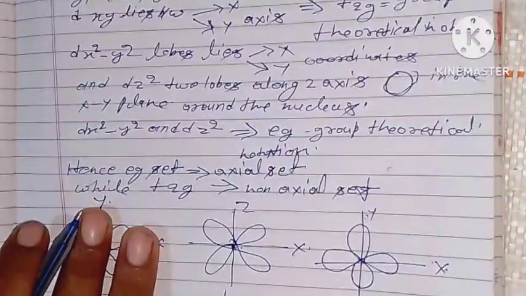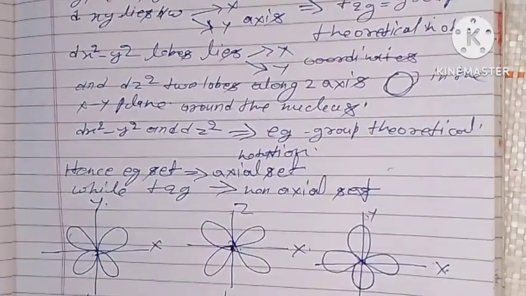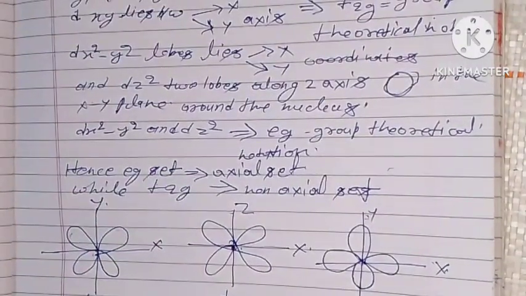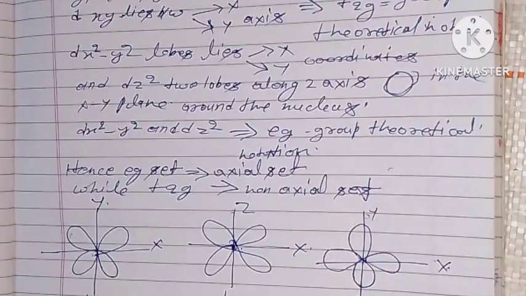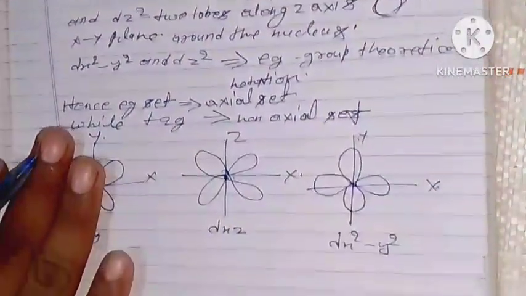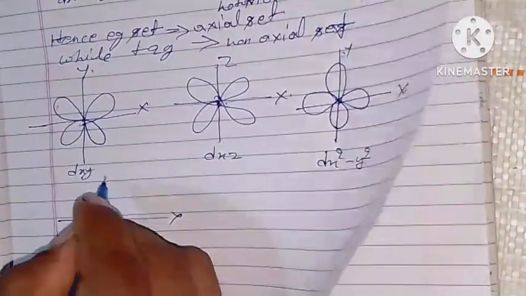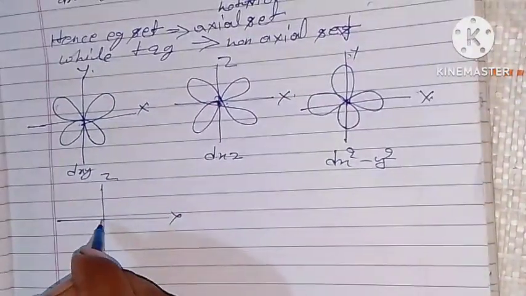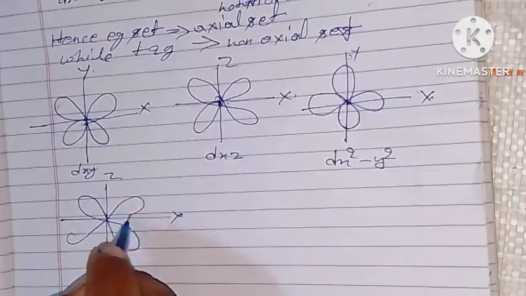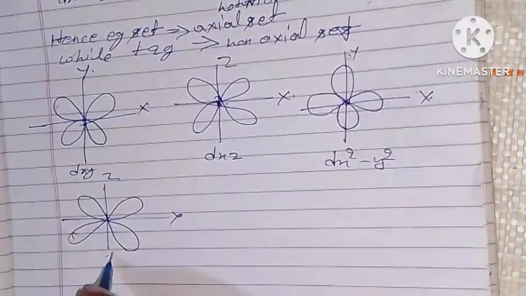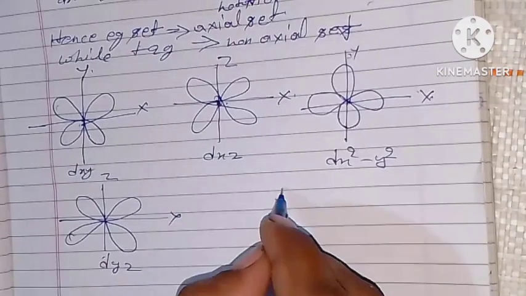And the fourth and fifth figures: this is the dxy figure, this is the dxz figure, and this is the dx square minus y square figure. The next figure, with the y-axis and z-axis, is the dyz figure, and the next figure is dz square.